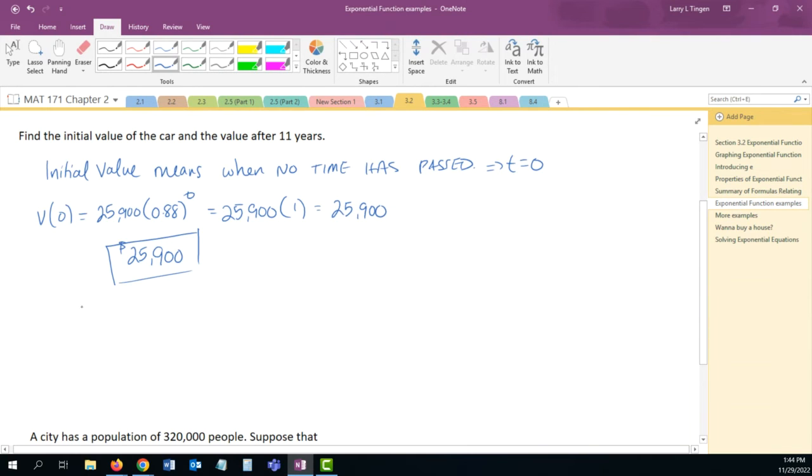What is the value after 11 years? The value after 11 years is 25,900 times 0.88 raised to the 11th.